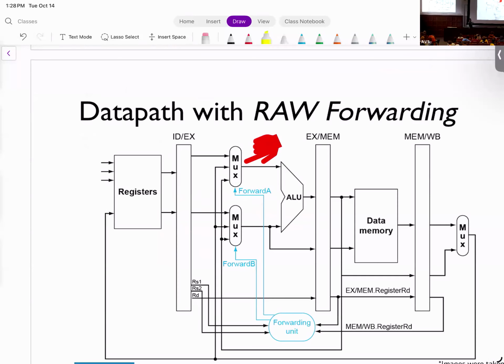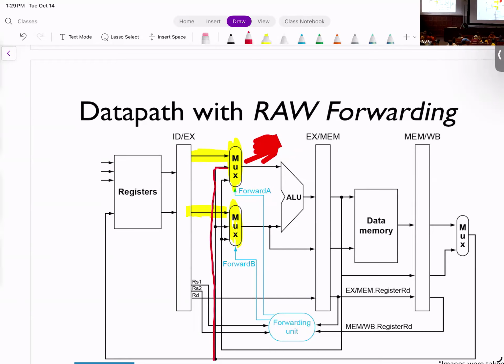Remember, I had the ALU and I had RS1 and RS2 or the immediates. I'm going to introduce these 2 new muxes, 1 mux here and 1 mux here. The way I'm going to do this is that you can see it gets the original value that it was supposed to get. This is the value that I'm reading from the register file. But in addition to that, I'm introducing this value that is coming from here.